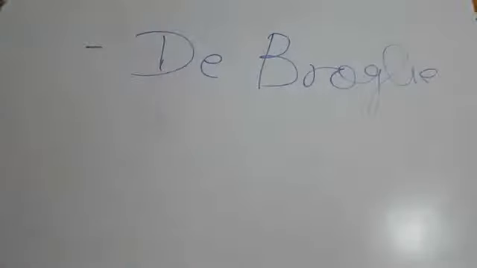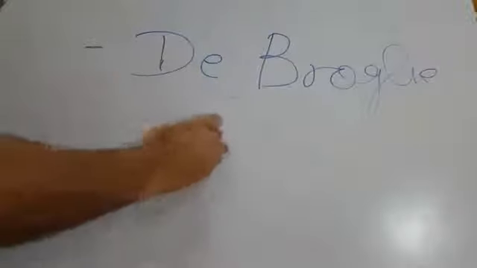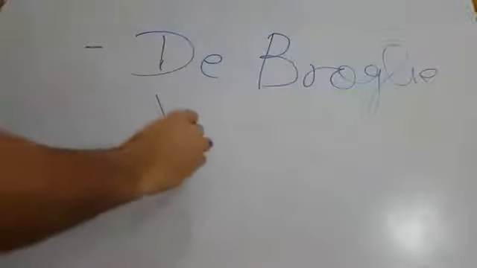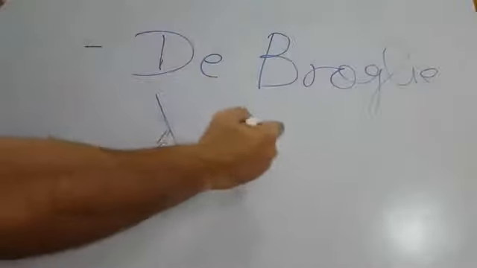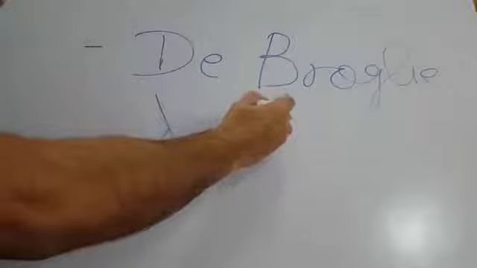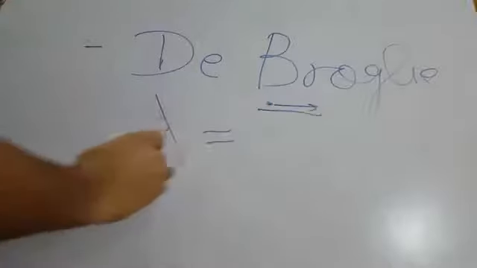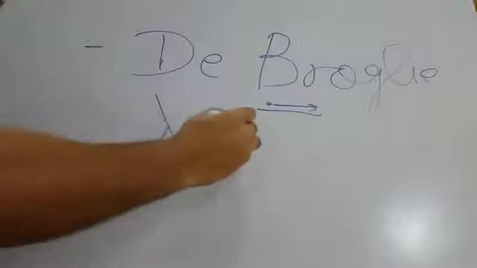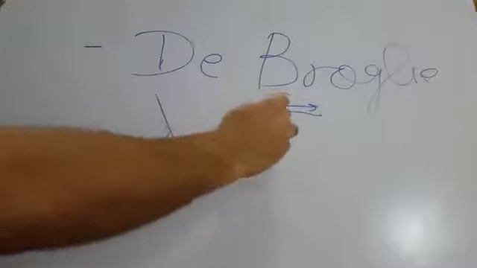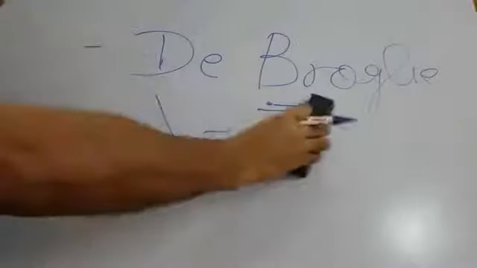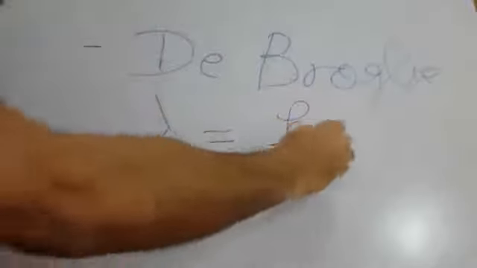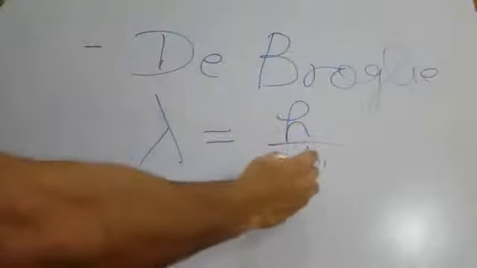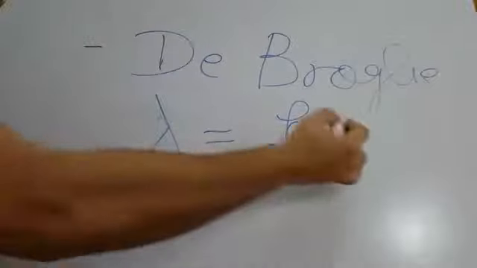And he formulated a mathematical relation between the wavelength lambda and the momentum of a moving particle, which is equal to Planck's constant h divided by the momentum of the particle.